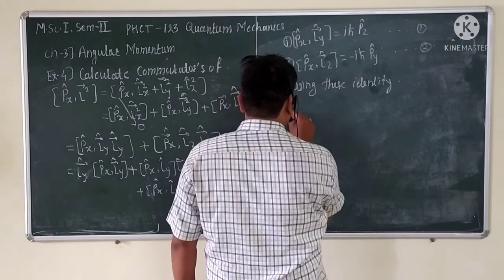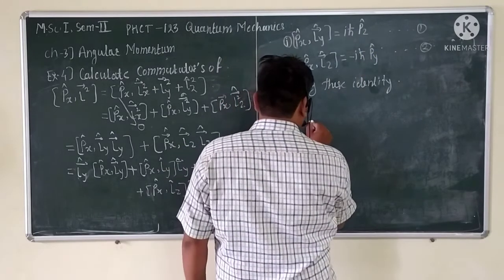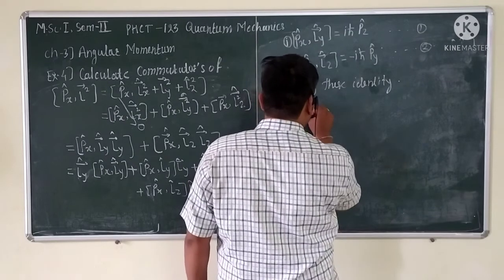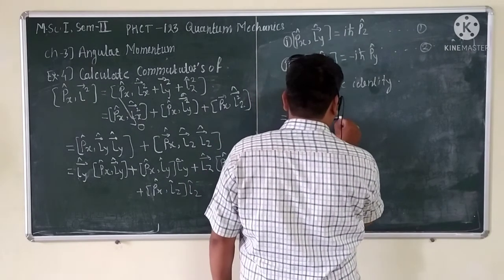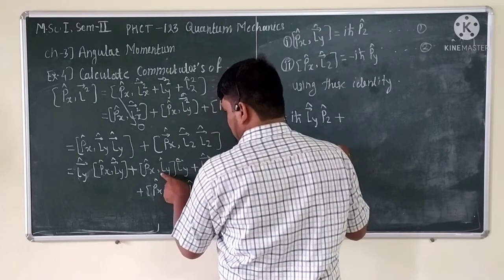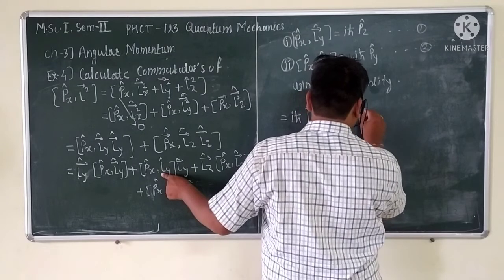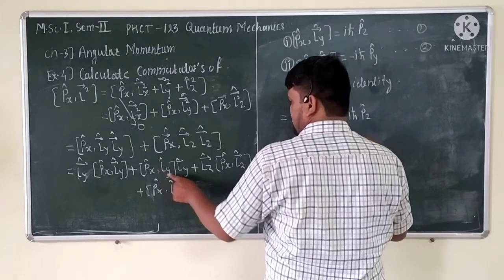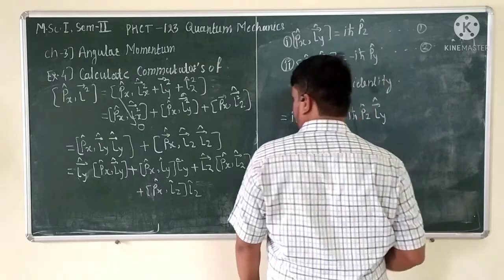So this is given as iħ Ly and this Pz, plus this which is given as iħ Pz, and this Ly is also there.